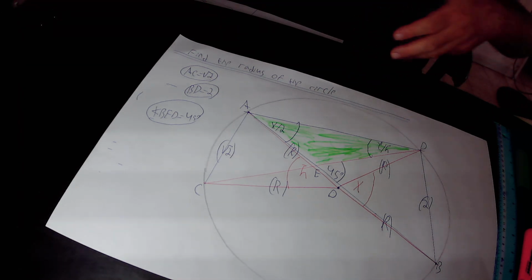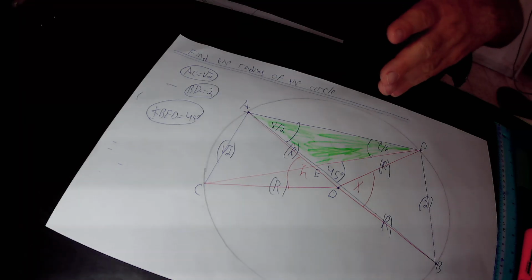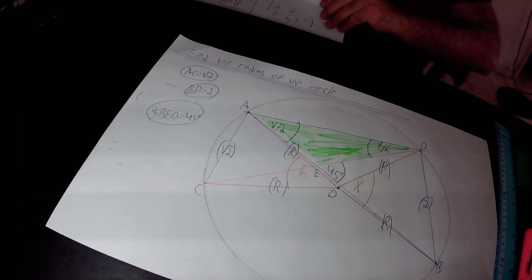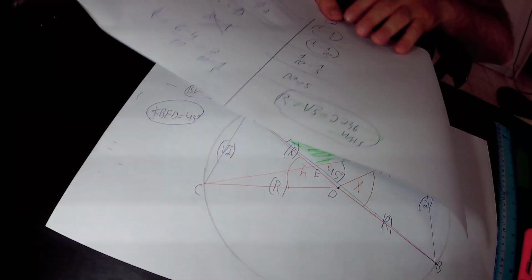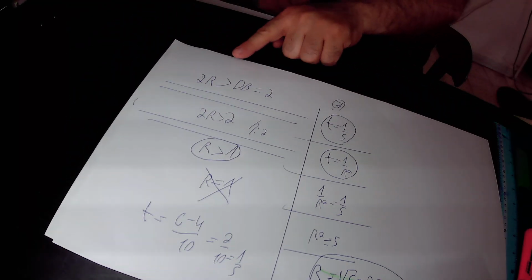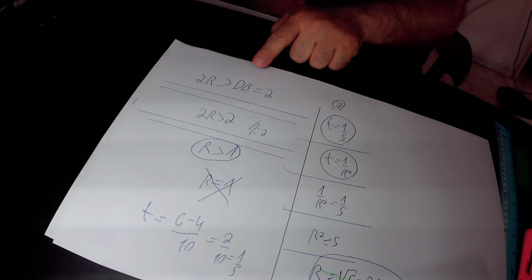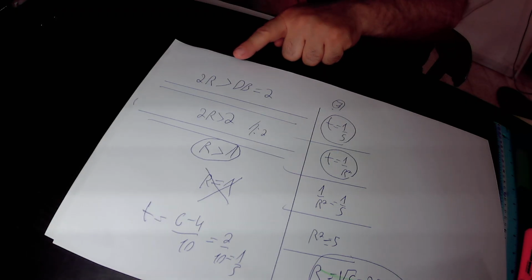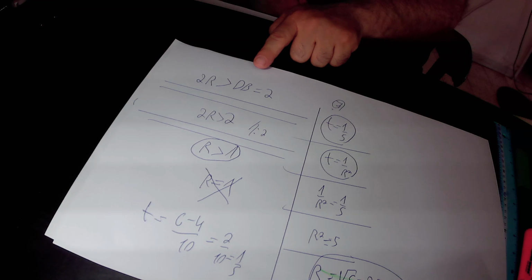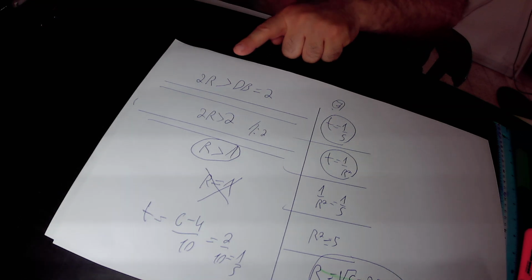What is the diameter of this circle? The diameter of this circle is of course 2r. So the diameter of our circle, that is 2r, is the longest chord in the circle, and therefore it must be greater than DB, which is not the diameter of the circle, and DB equals 2.